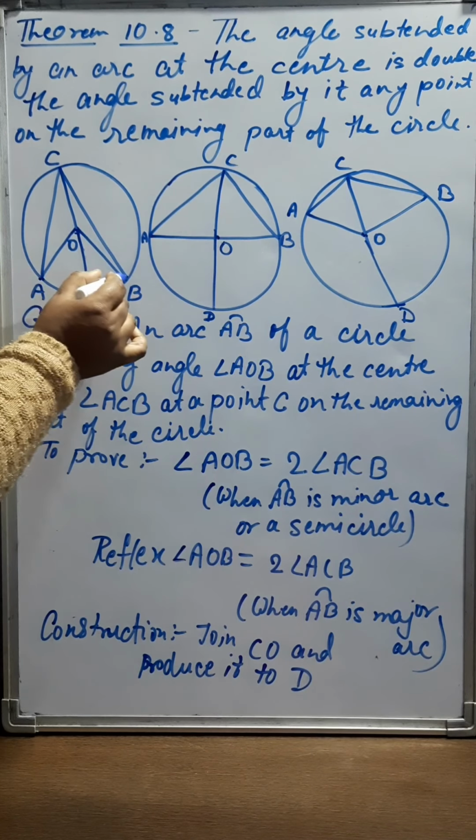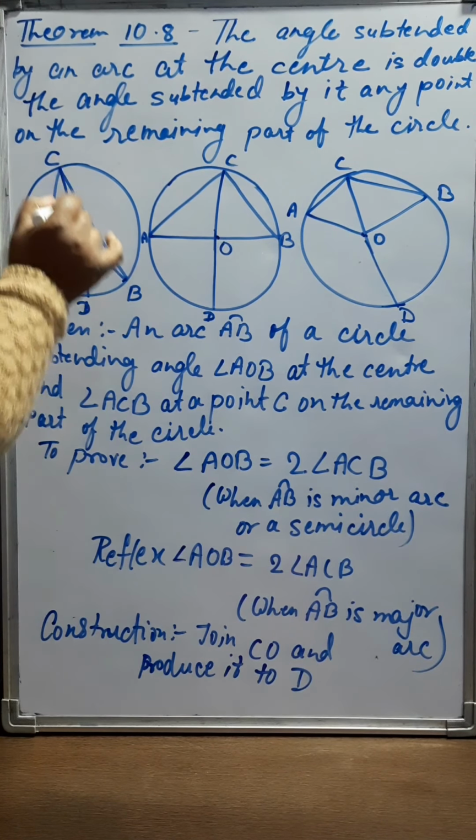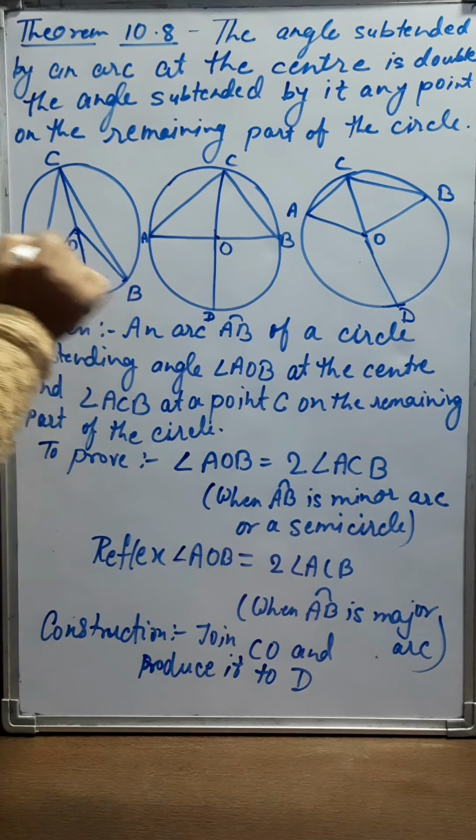So AB makes angle AOB at the center and angle ACB on the remaining part of the circle. Here also, semicircular arc AB makes angle AOB at the center and ACB on the remaining part. Similarly in that case also. So the given part is written: an arc AB of the circle subtending angle AOB at the center and angle ACB at the remaining part, or point C on the remaining part of the circle.